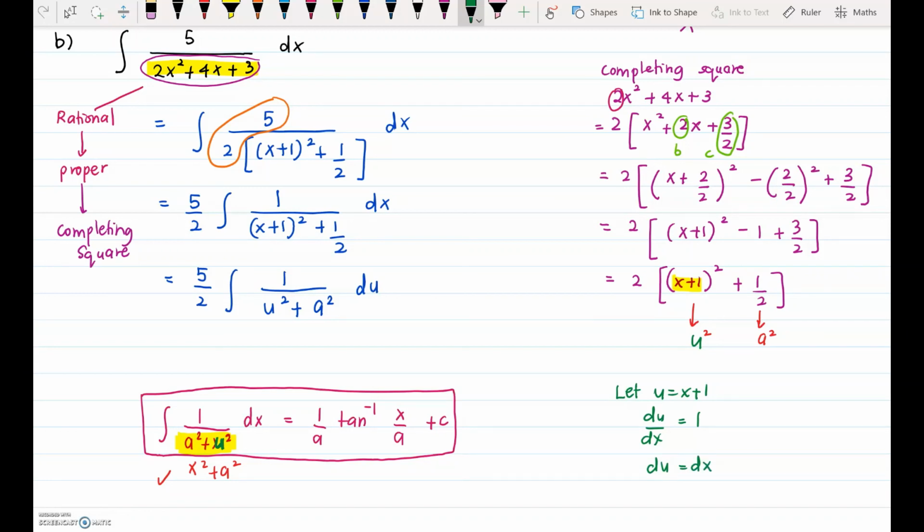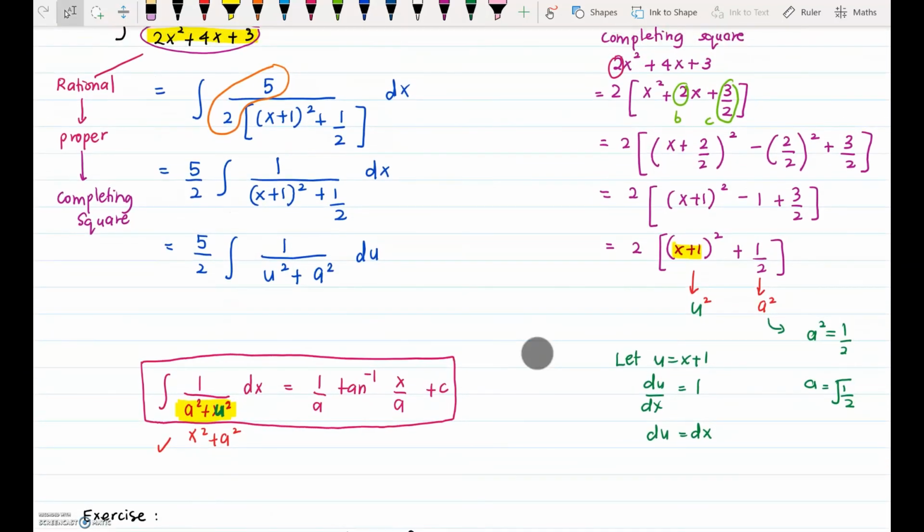And then, here we have a squared equals 1 over 2, so a will be equal to the square root of 1 over 2. Okay, so now let's proceed with your solution.